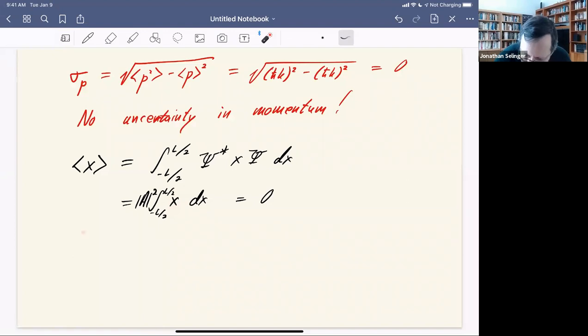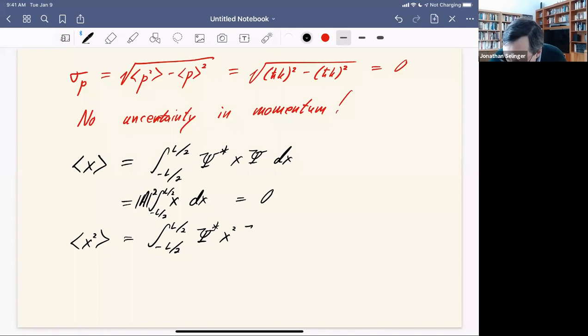And what about the average of x squared? Okay, so the integral of psi star x squared psi dx. So that is a squared times this integral of x squared dx.